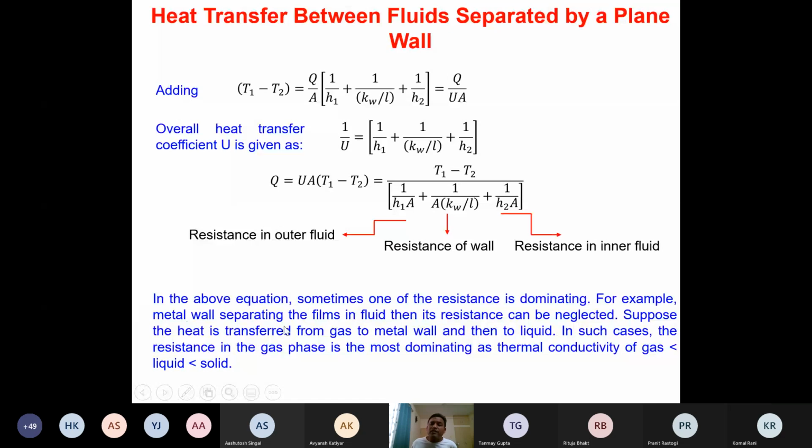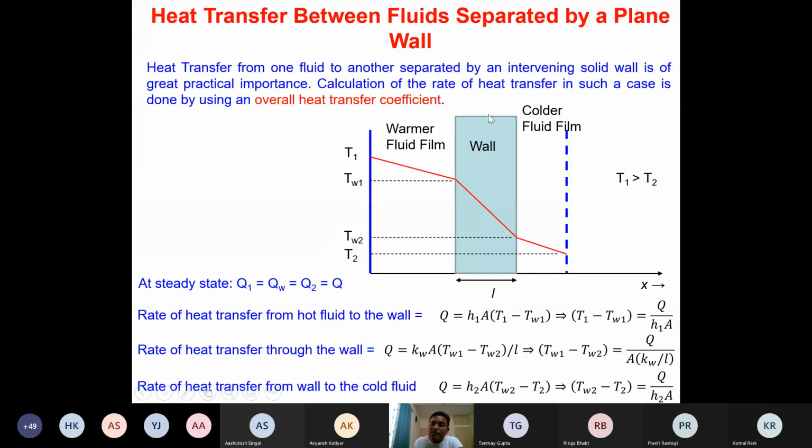So in the above equations, sometimes one of the resistances is dominating. For example, for a metal wall separating the films in the fluid, its resistance can be neglected. Correct. So here, this is the solid wall.